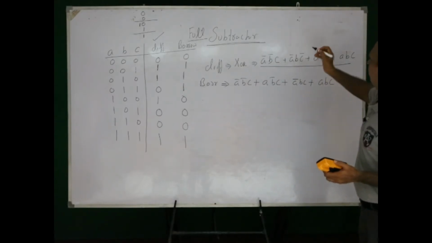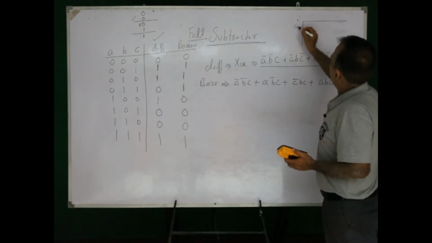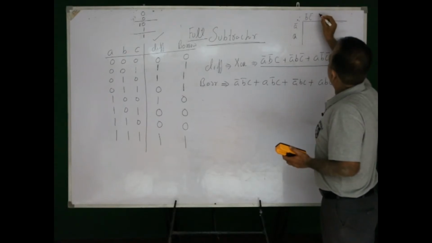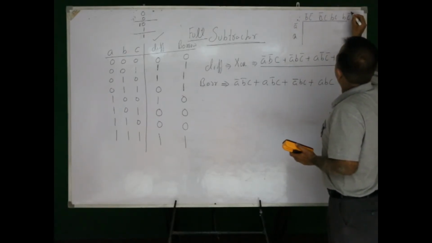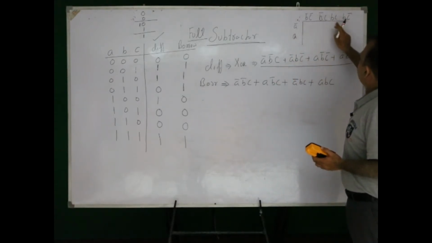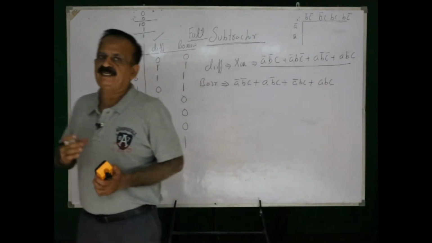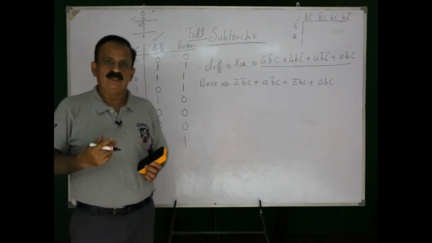If I draw a K-map for this, the K-map will have A bar, A, and next B bar C bar, B bar C, B C and B C bar. As we know, K-map is basically drawn in the form of cyclic codes.